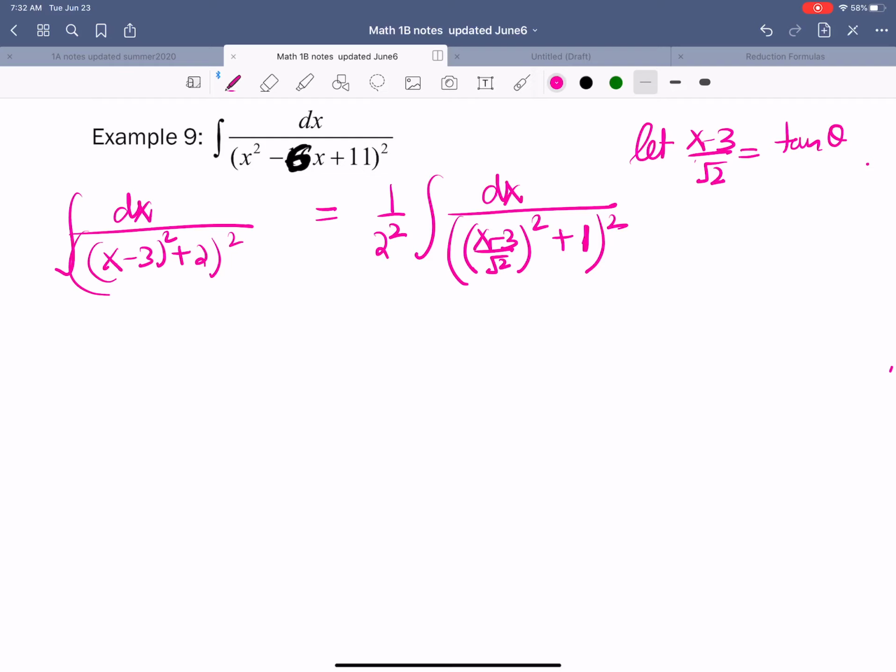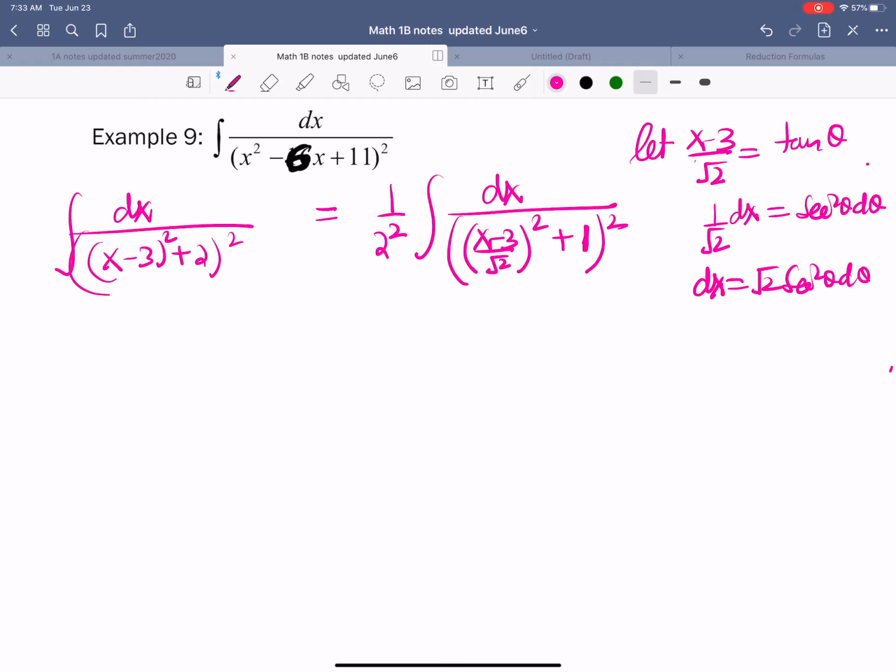And that means 1 over root 2 dx will be secant squared theta d theta. Or we can say dx will be root 2 secant squared theta d theta.